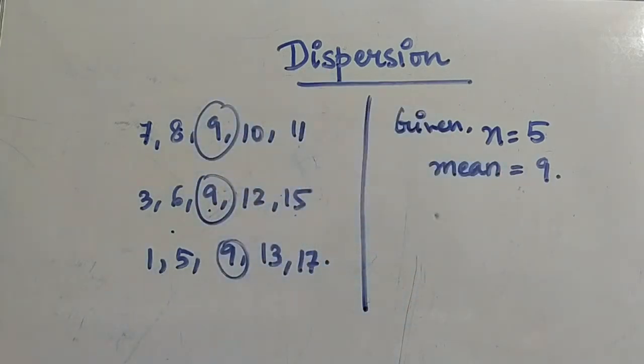In that case, you need to study about dispersion, because in central tendency, you will only get to know the value of mean or median or mode, but you don't even get to know what kind of distribution this is, whether it's more scattered or less dispersed, right? That is why the need of dispersion arises, because in order to collect more information about the data, you need to study what kind of distribution that is. Am I right?